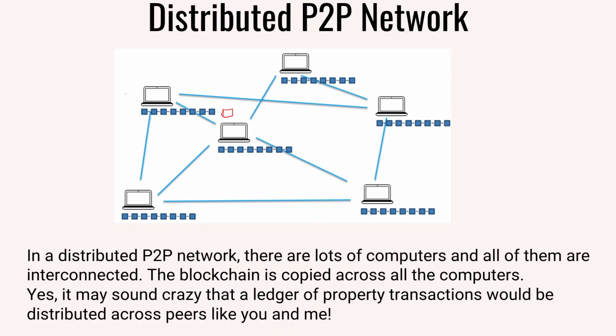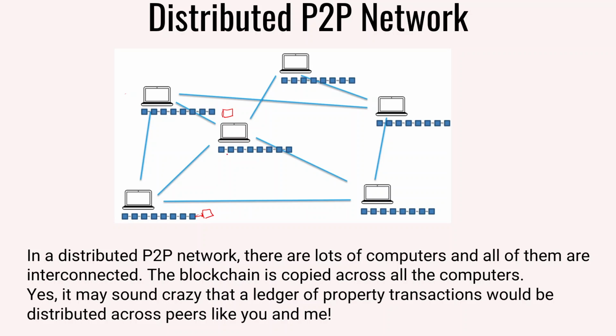What will happen is that this blockchain has a new block, and the neighbor computer like this one will see that this blockchain has fewer blocks than it. So this block will be delivered to this one as well. This will get the same block just like this.